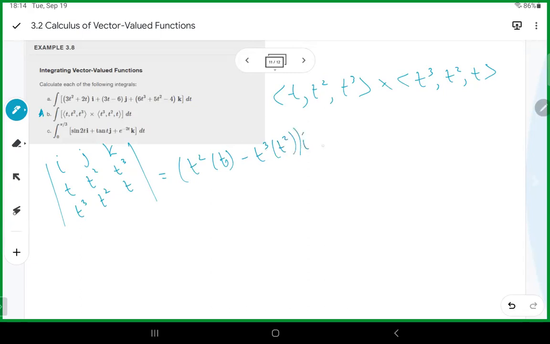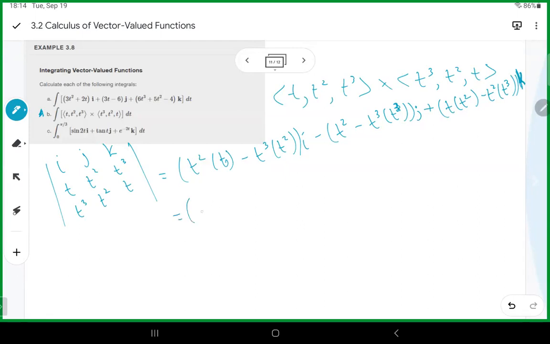i minus t squared minus t cubed j plus t times t squared minus t squared times t cubed k. Right.